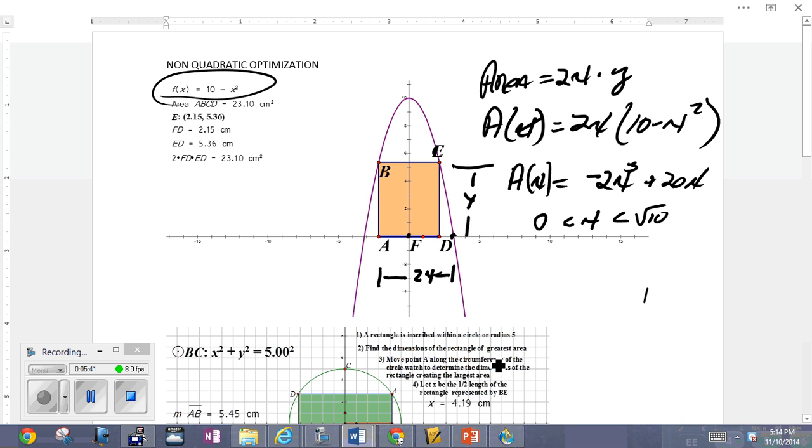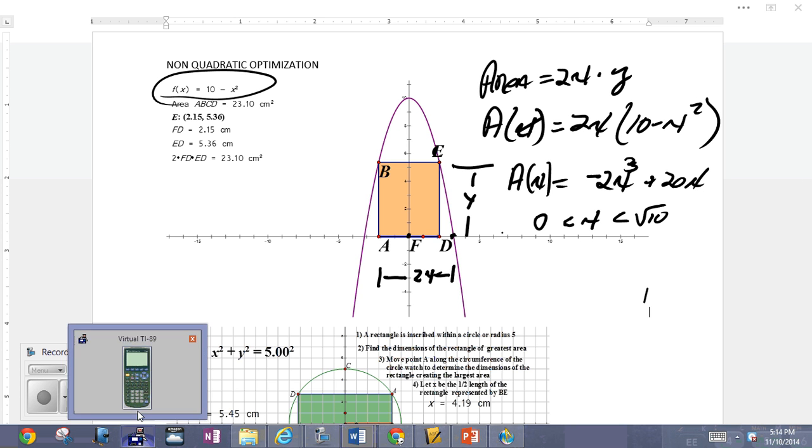So now we're going to hold it here, and because this is not quadratic, we do not have a way of analytically finding the value of x for which that is maximized. But we can turn to our calculator, and that's what we're going to do now. So we're going to pull up the calculator.